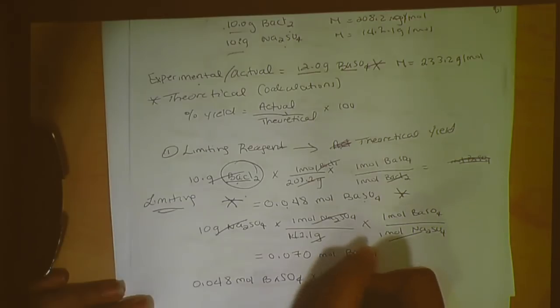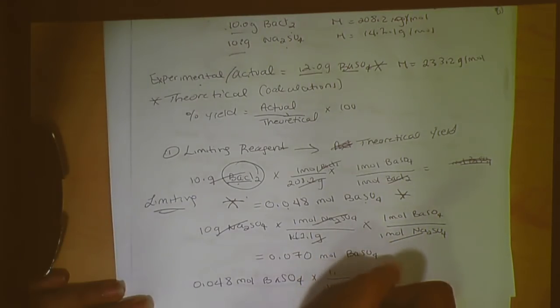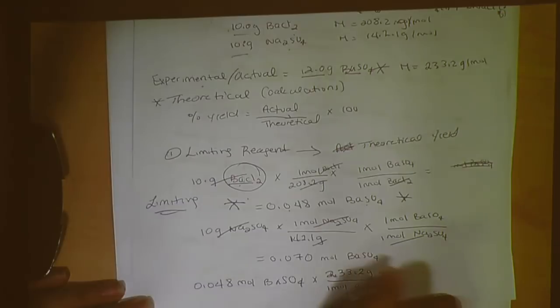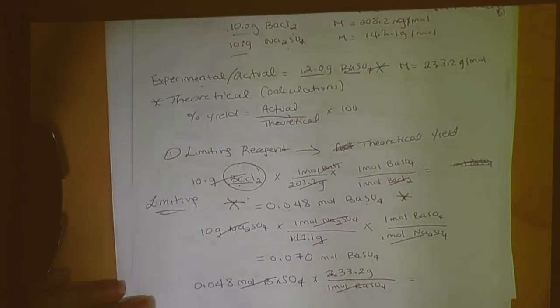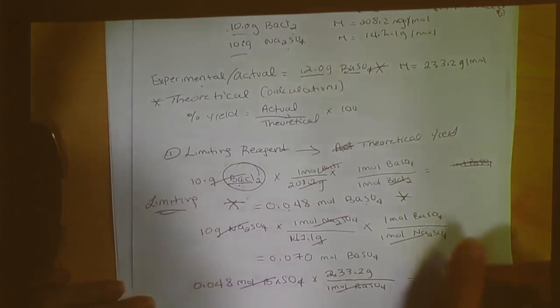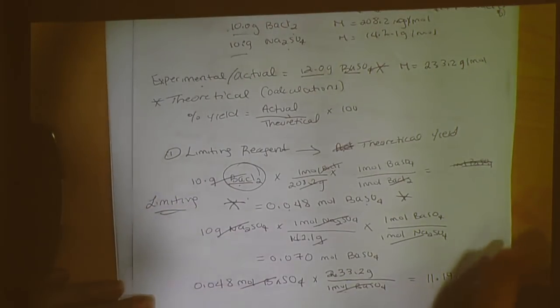So 1 mole BaSO4 is 233.2 grams. Again, this cancels out with this, and 0.048 times 233.2 gives me 11.19 grams BaSO4.